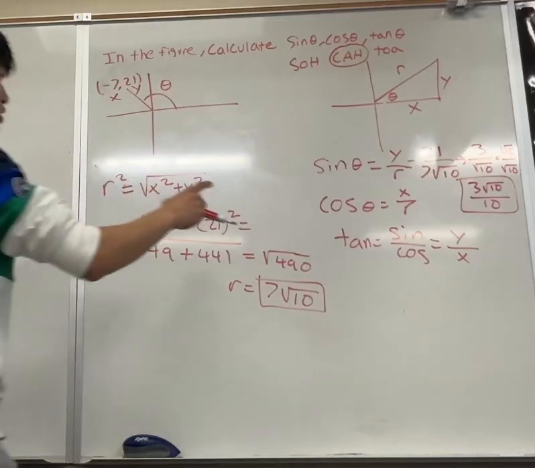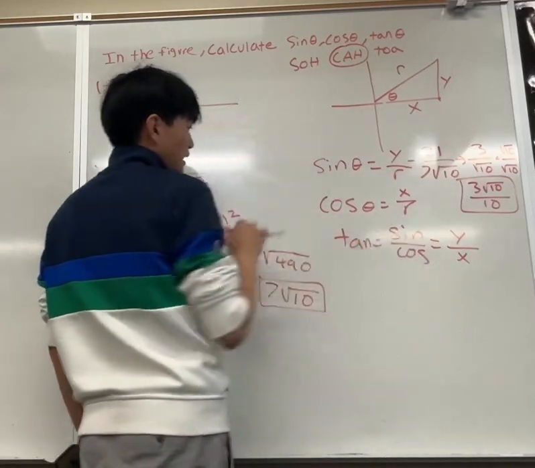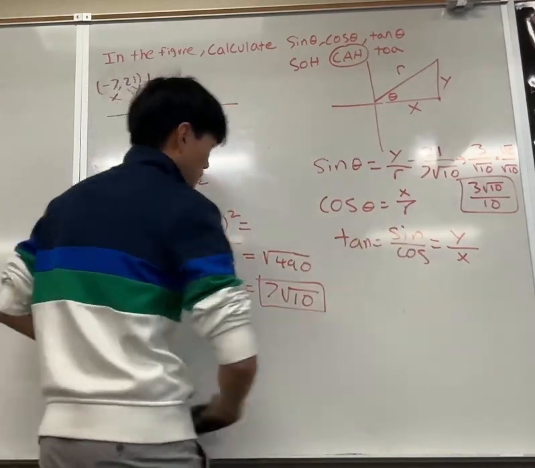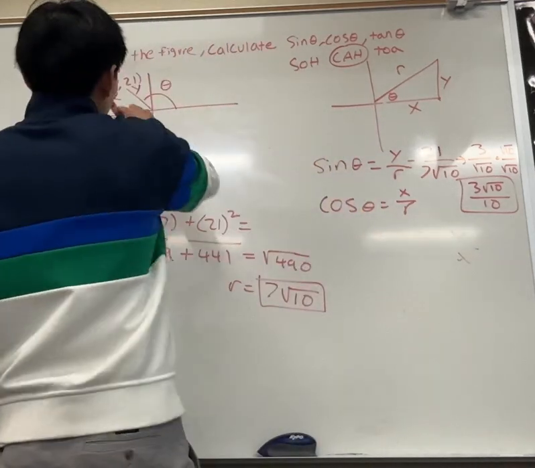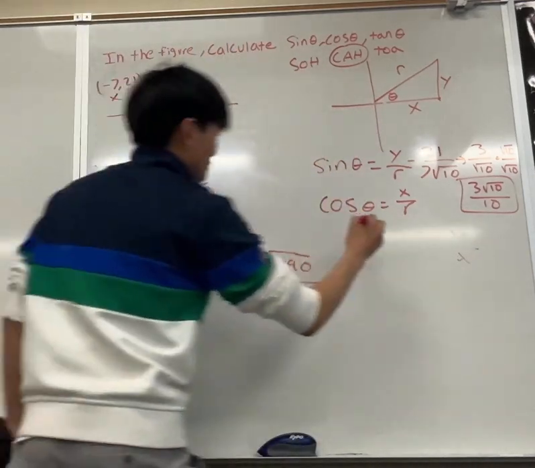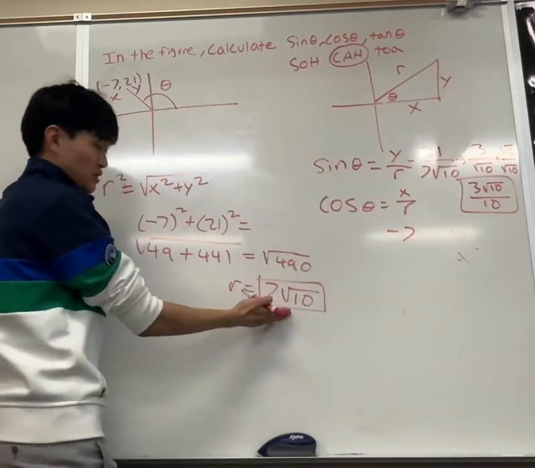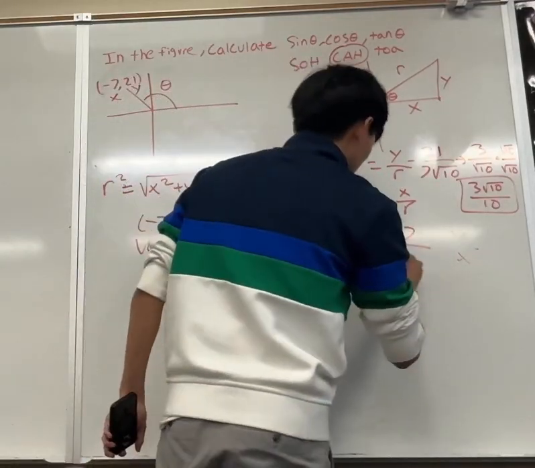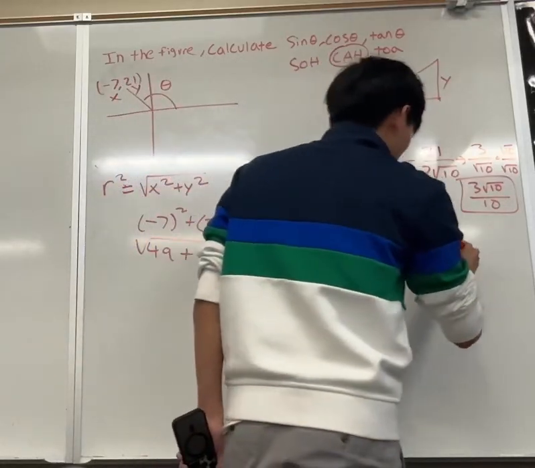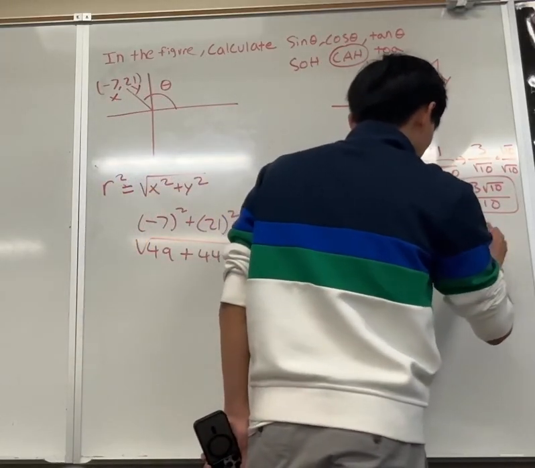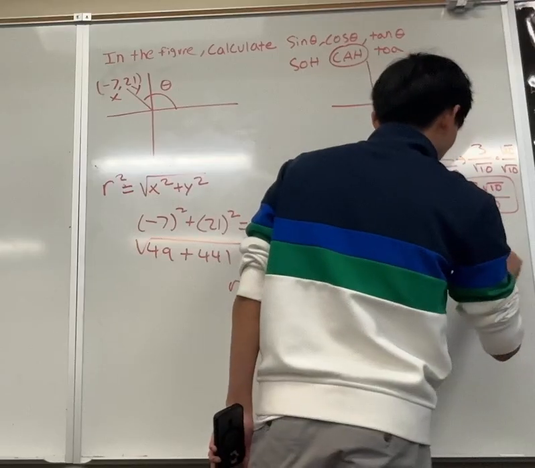Okay? Now for cosine theta, r is the same. Let me erase tangent for a second. So cosine would be -7 right here, over my r, which was, again, 7 rad 10. Simplify, -7 over 7, that's -1. So -1 over rad 10.